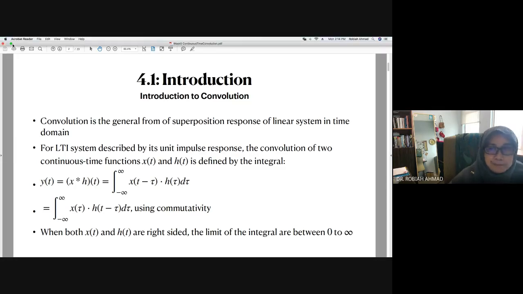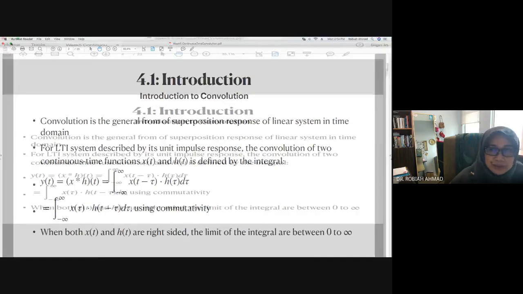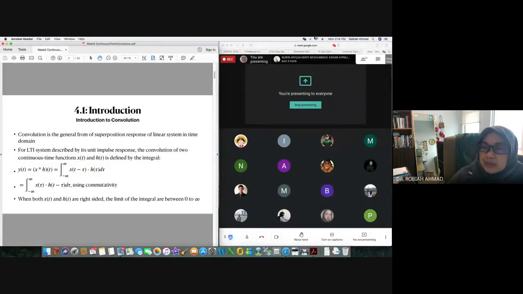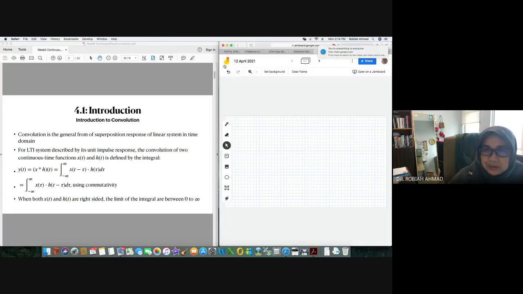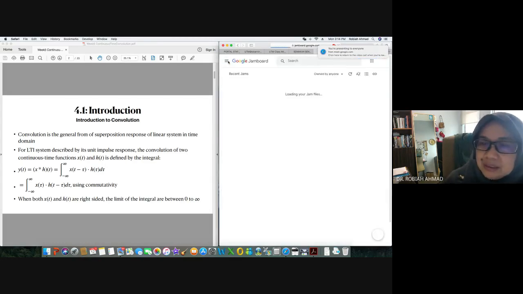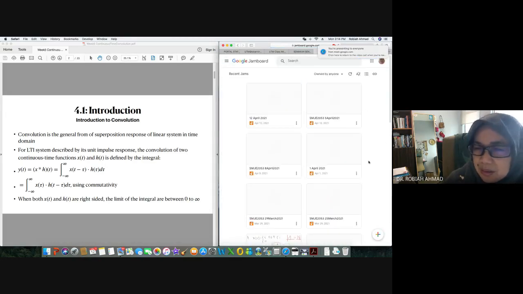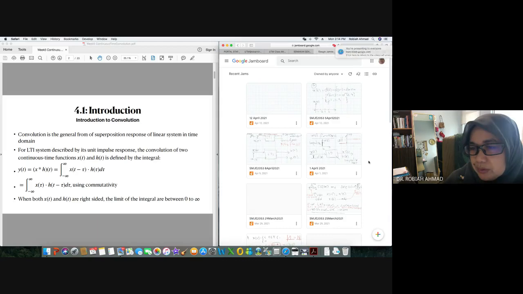Remember last time we had, let me go back to our Jamboard. Okay, this one. If we go to the Jamboard from last time, I think the last one would be on the 8.